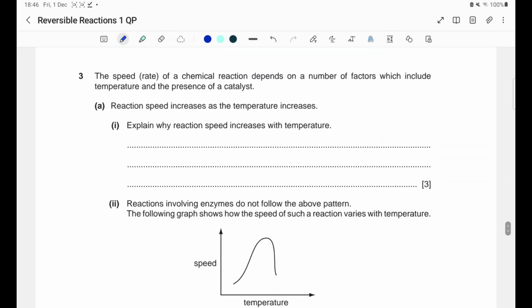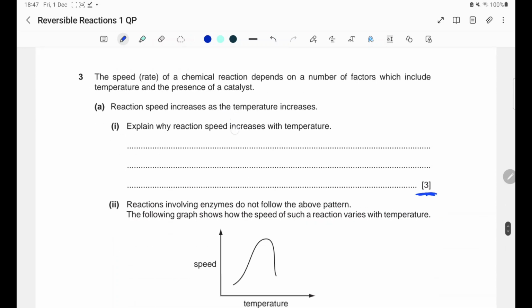Now, the speed of a chemical reaction depends on a number of factors, which include temperature and the presence of a catalyst. Explain why reaction speed increases with temperature. I have explained this before, that it's always going to come for 3 marks. And those 3 marks should be embedded in your head, and we covered it in a question before.